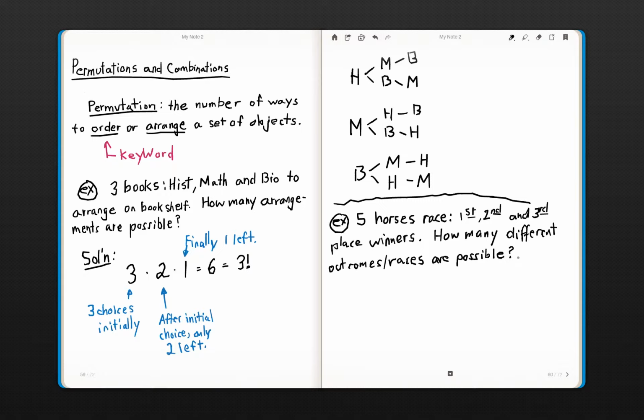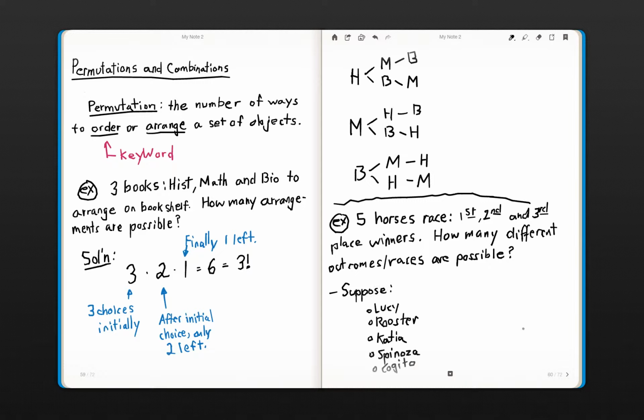So what we're saying here is, if you have 3 horses winning, then it matters who gets first, second, and third prize, which is the same thing as saying order matters. So let's further suppose we have the horses' names as follows.